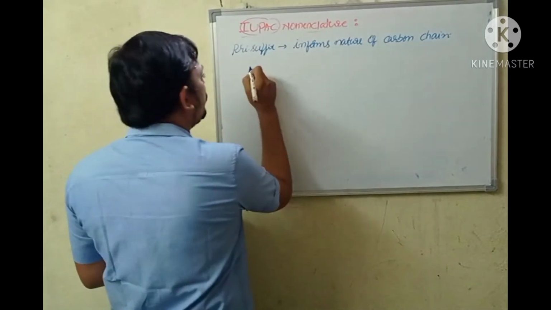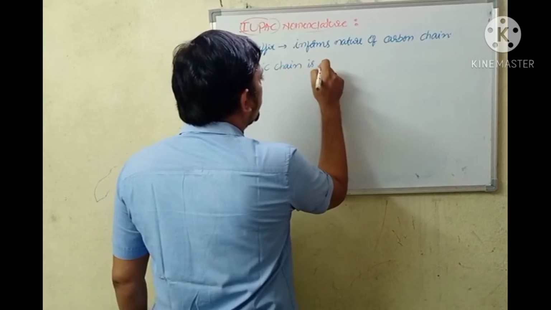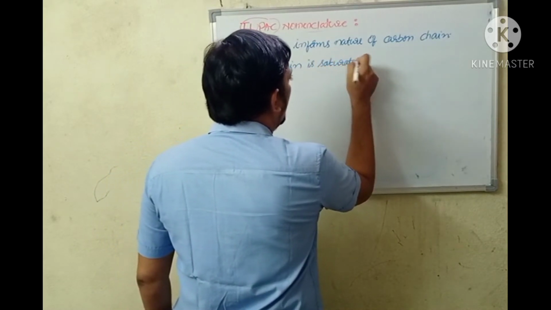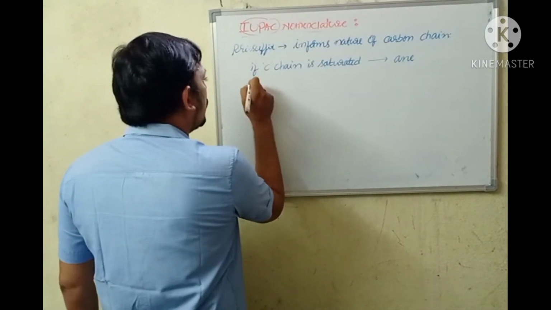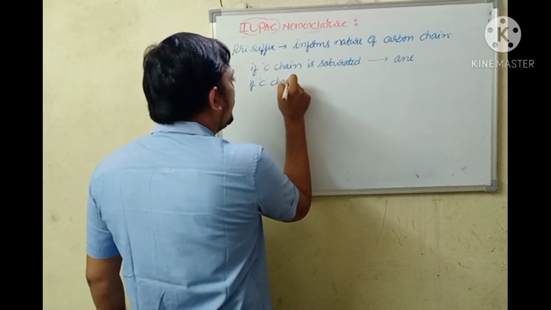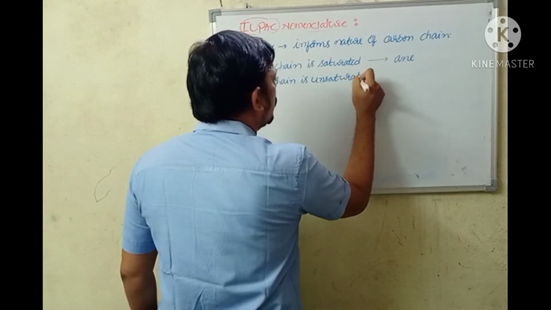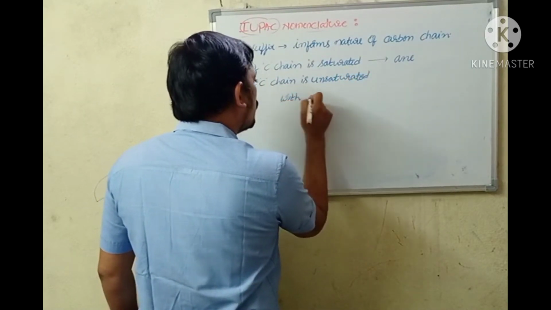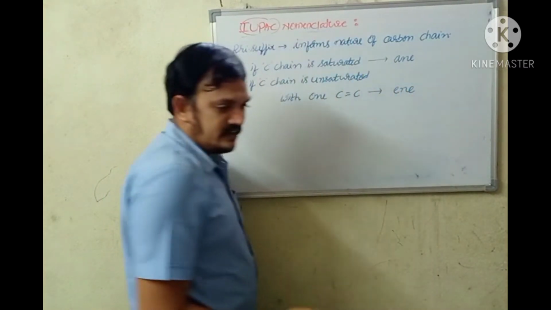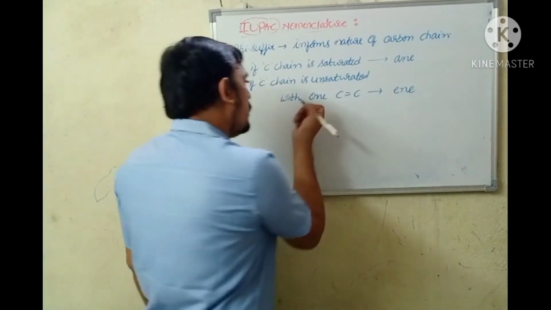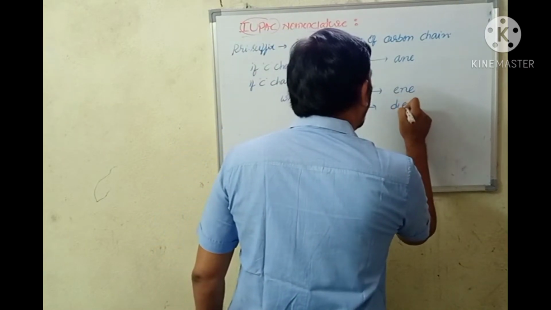If the carbon chain is saturated, primary suffix will be ane. If the carbon chain is unsaturated with 1 C double bond C, it will be ene, E-N-E. If it contains two C double bond C's, it will be diene.